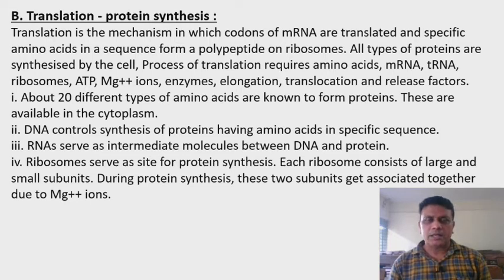And in translation, the actual process of binding of amino acid molecules to form a polypeptide chain or protein takes place. So translation is the mechanism in which codons of messenger RNA are translated and specific amino acids in a sequence form a polypeptide chain on the ribosomes.